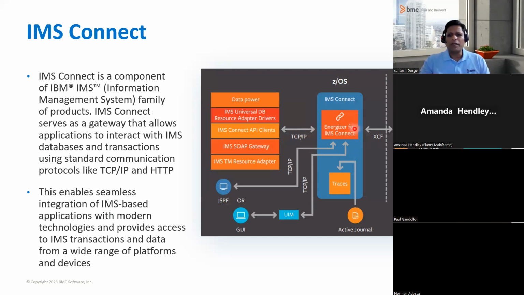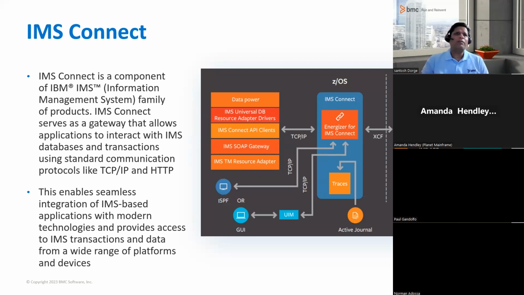Then we have the BMC AMI Energizer for IMS Connect, tightly coupled into IMS Connect, that provides the facility to capture traces and empowers the IMS Connect environment. The whole address space communicates with IMS OTMA or XCF to get information or execute IMS transactions without modifying the mainframe side of the system or environment.